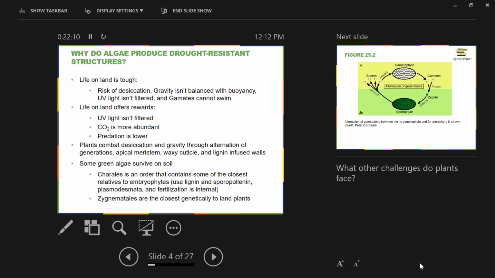What would you predict about green algae and land plants if they did not share an ancestor? What would you predict as far as the differences between the two? What would you predict as far as when you might find them in the fossil record? What would you predict if they never actually shared ancestry? If they were created separately?